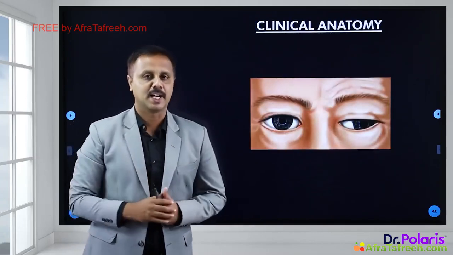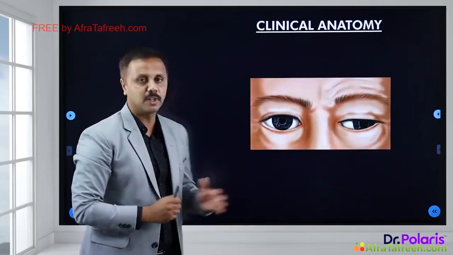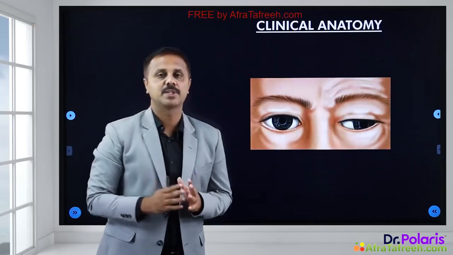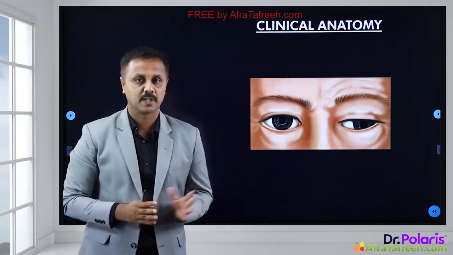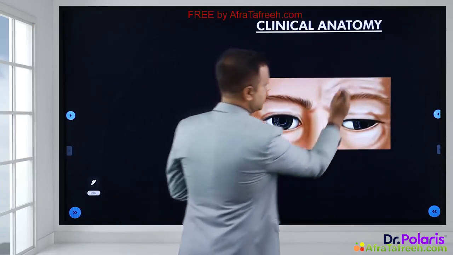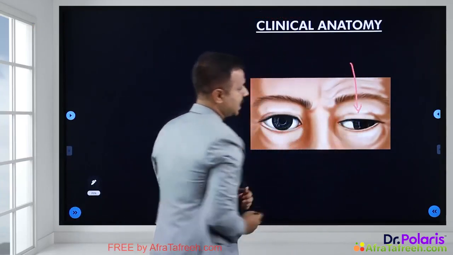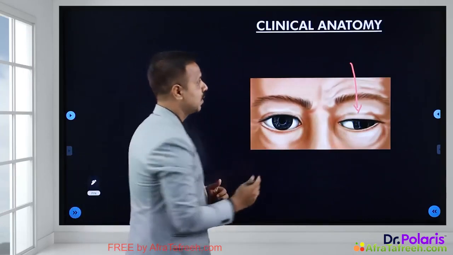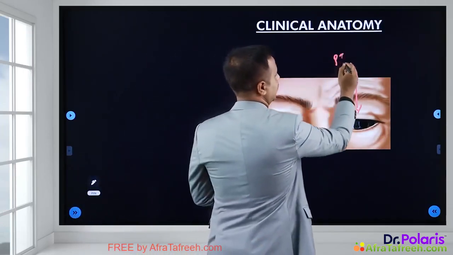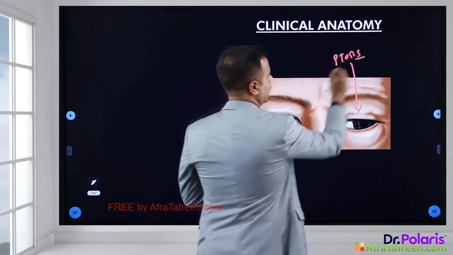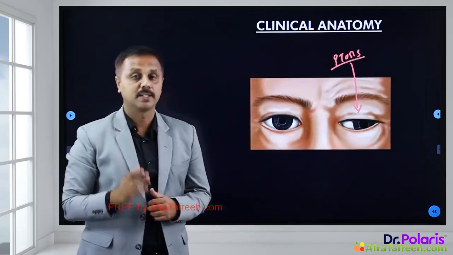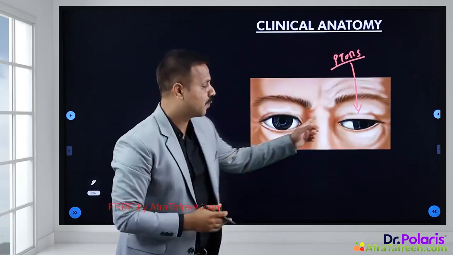What about the clinical anatomy then? If the oculomotor nerve gets damaged, it leads to an array of clinical features. What are they? First, it results in drooping of the eyelid, and what do we call this? This is referred to as ptosis. Why does this occur? This occurs because of paralysis of what muscle?